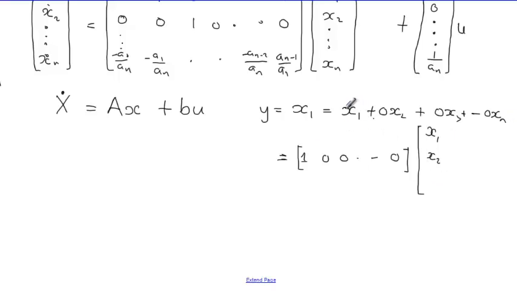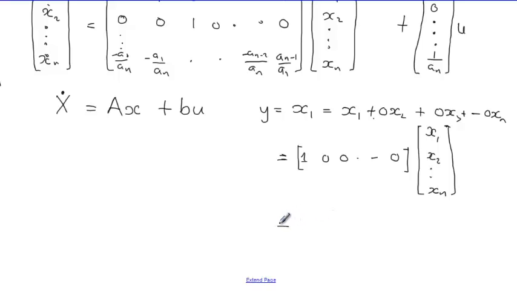Now looking at the coefficients there, those are the coefficients we're leaving here as a row vector, and multiplied by the state vector which goes up to xn. But because we're considering these vectors as column vectors, we're going to take this vector as a transpose of a column vector, because it is a row there.